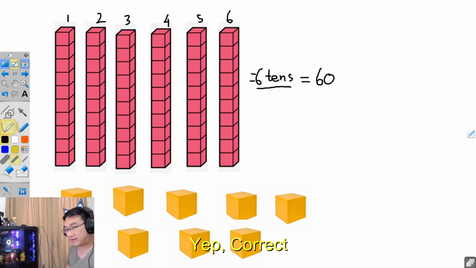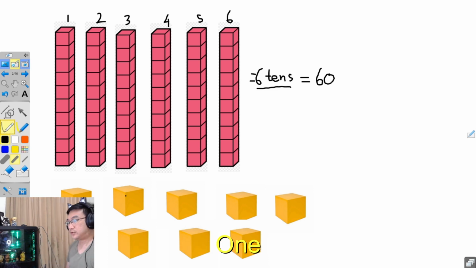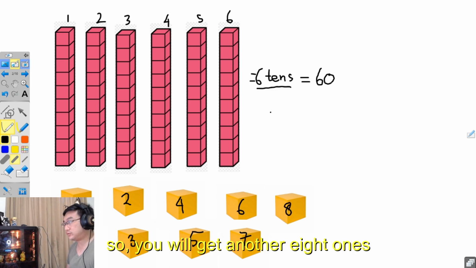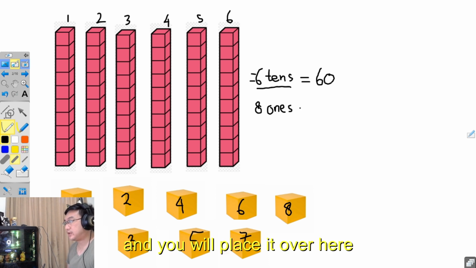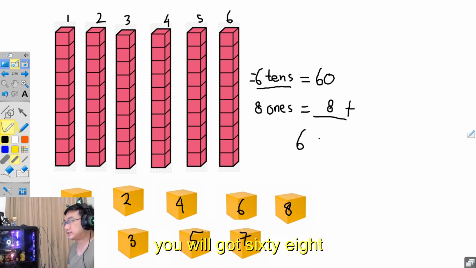Yep, correct. Because I got how many ones? 1, 2, 3, 4, 5, 6, 7, and 8. So you will get another 8 ones, and you will place it over here, and then when you add them together, you will get 68.